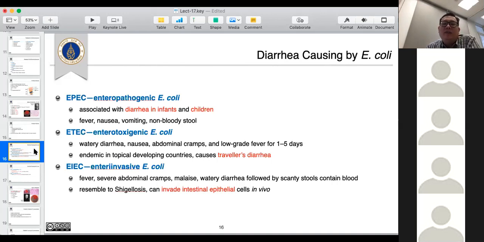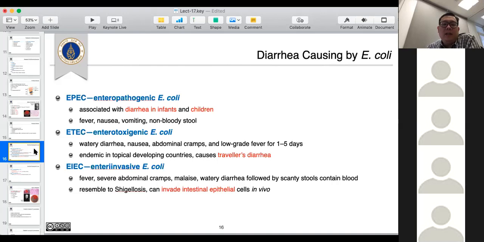They are associated with diarrhea in young children or in infants. So an infant baby probably has fever, nausea, vomiting, and diarrhea with non-bloody stool. Okay, so diarrhea but no blood contaminating the stool.